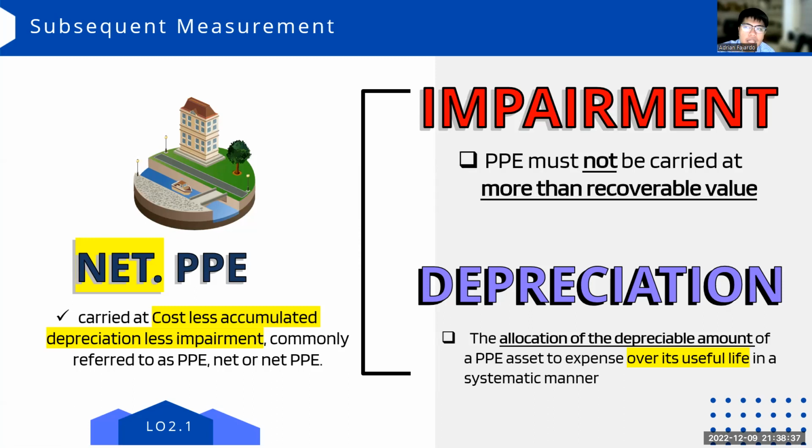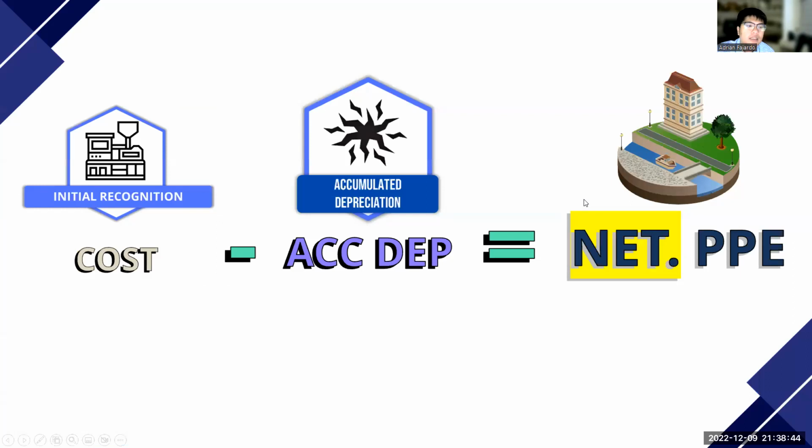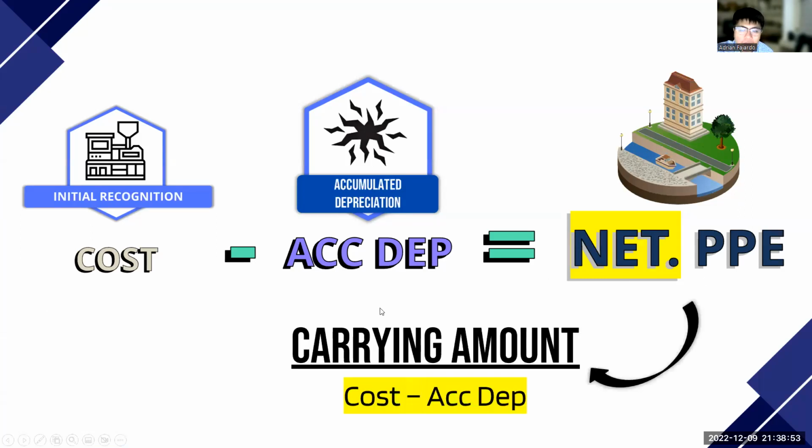Again, PPE should never be carried at more than recoverable value. And then, pero the bulk of this is that cost minus accumulated depreciation is equal to your net PPE, and your net PPE is your carrying amount.